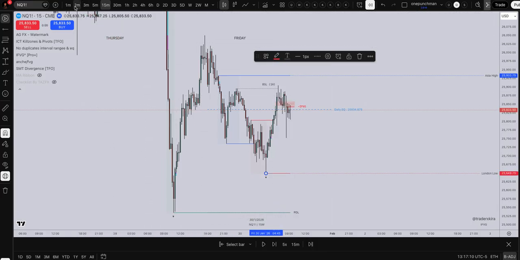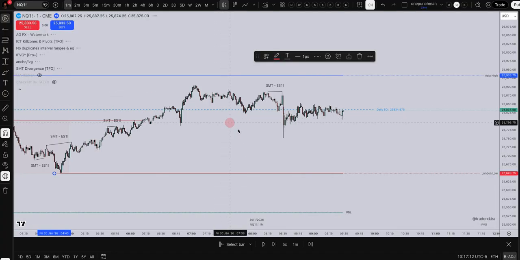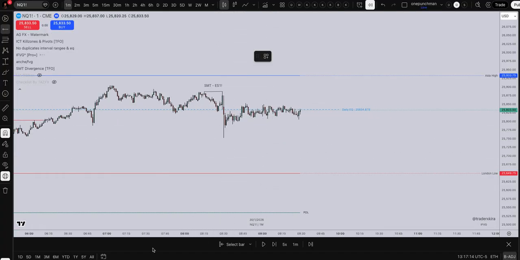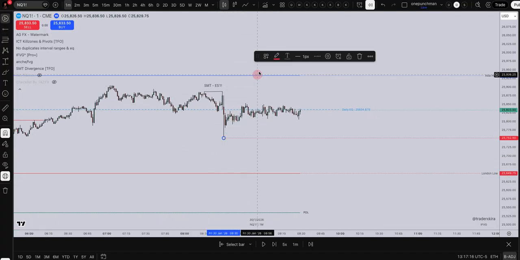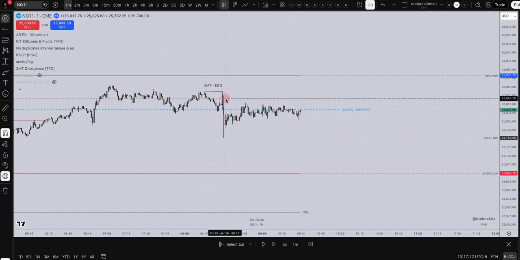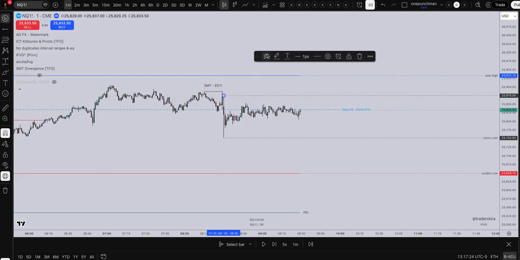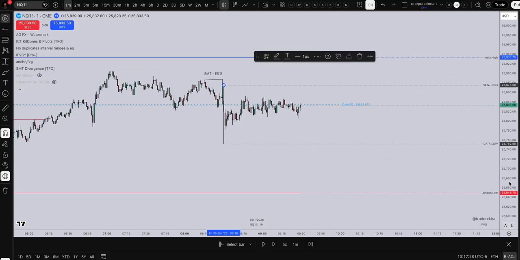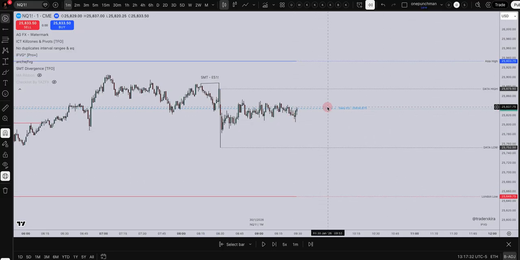And the only other one I'll mark off is the data low candlestick, because that is also another key level of liquidity. Data low and data high. All right, so at the morning open, this is what we've got. You've got to set your alerts so you don't miss anything. So alerts are set on all these levels.